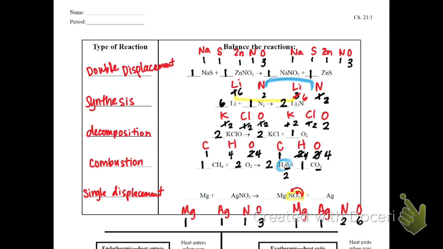What should we change first? Take care of, so we have 3 O's and 6 O's. So we need a 2 for that AgNO3. That gives us 2, that gets us 2. And then our O's.